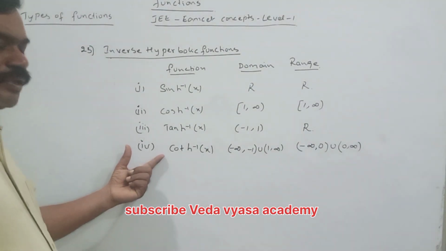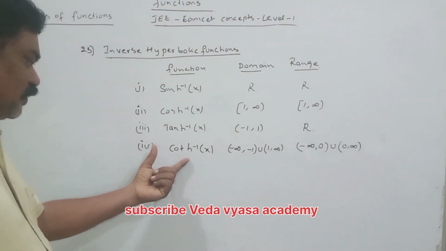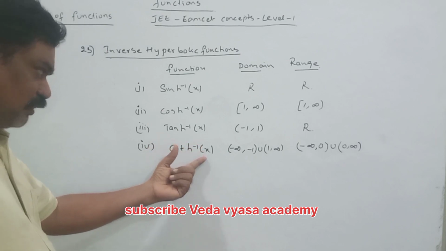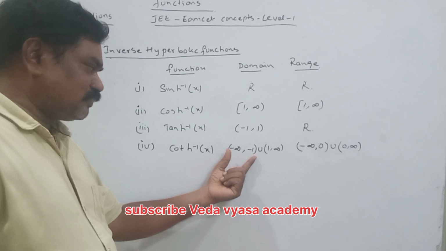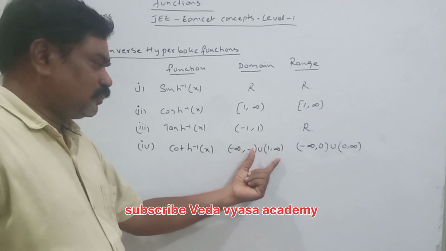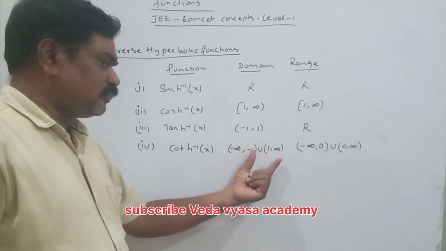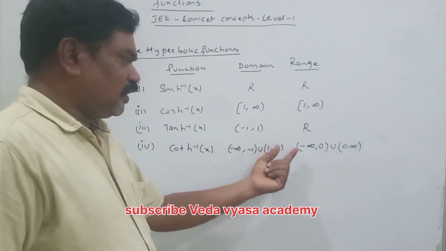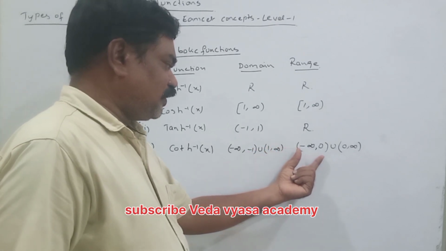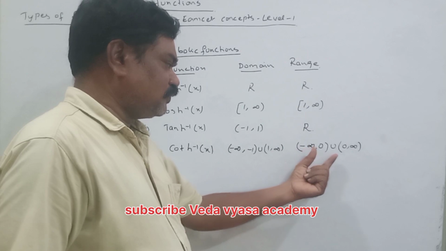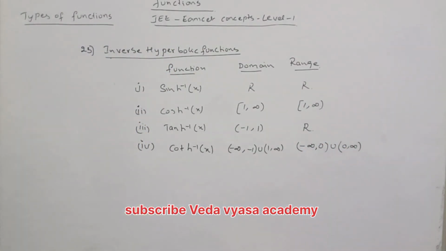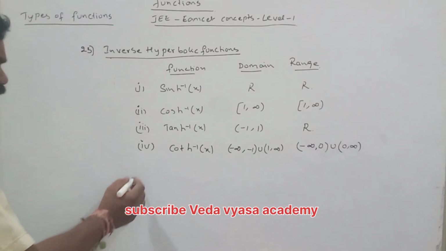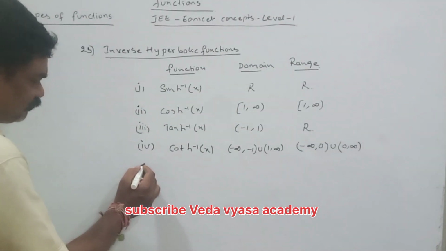Coth inverse of x has domain open interval minus infinity to minus 1, union open interval 1 to infinity. Here this one, open interval minus infinity to 0, union 0 to infinity, is the range of coth inverse of x.